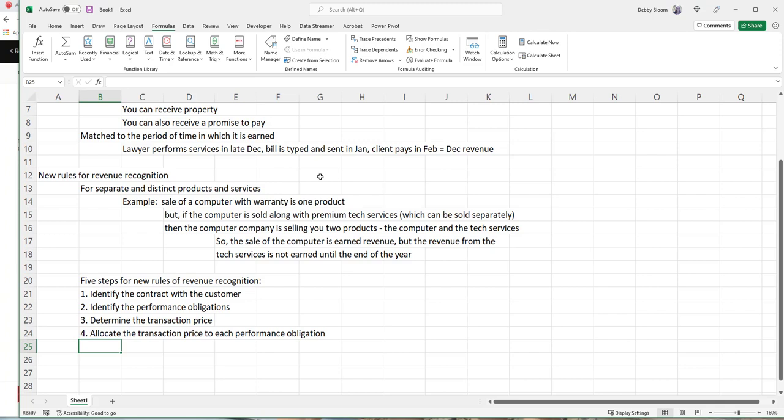I have a video relating to how we allocate the separate performance obligations, and we're going to go over a problem in just a few minutes where we allocate the separate performance obligations. And then finally, in step 5, we recognize the revenue when each performance obligation is satisfied.